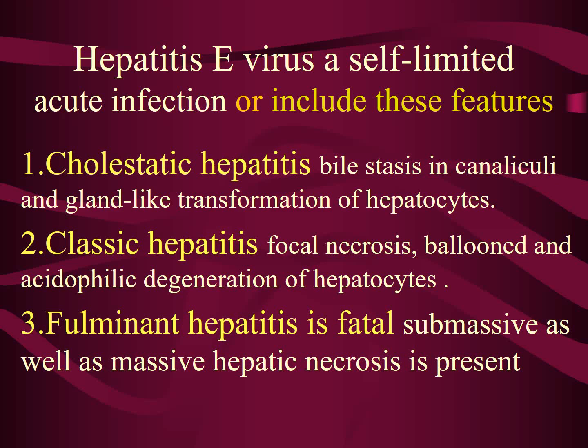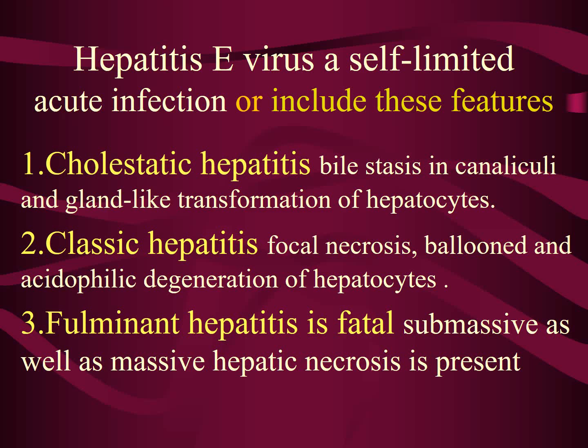But in other cases, it takes the form of cholestatic hepatitis, with bile in canaliculi and gland-like transformation of hepatocytes, or the classic type, with focal necrosis, ballooned and acidophilic degeneration of hepatocytes, or fulminant hepatitis, which is fatal, where submassive as well as massive hepatic necrosis is present.